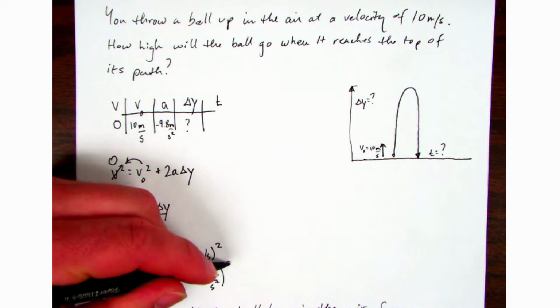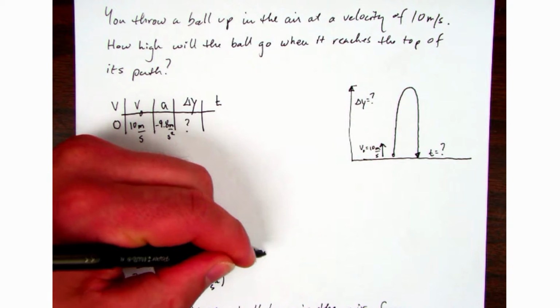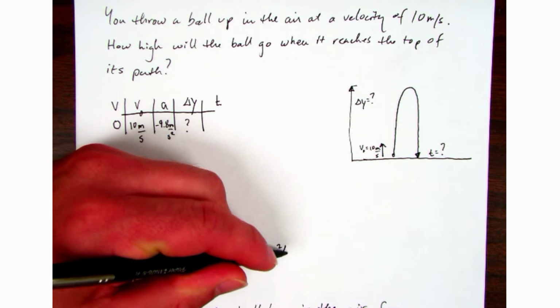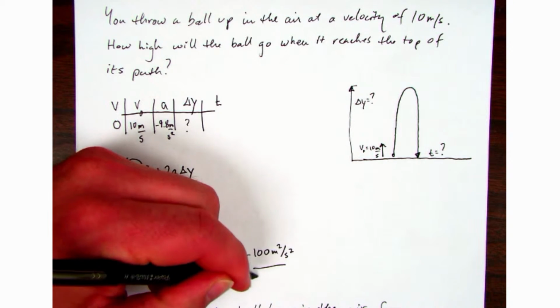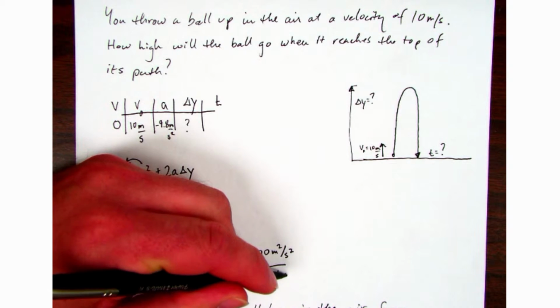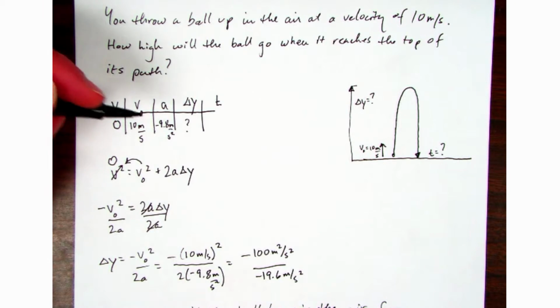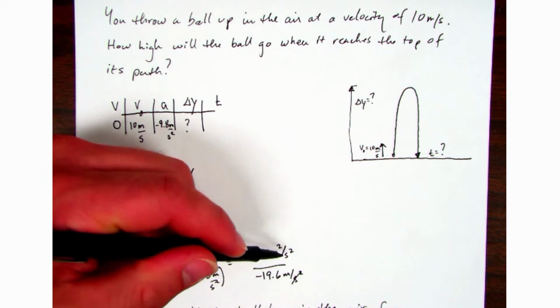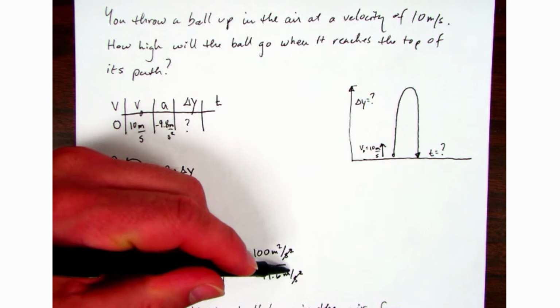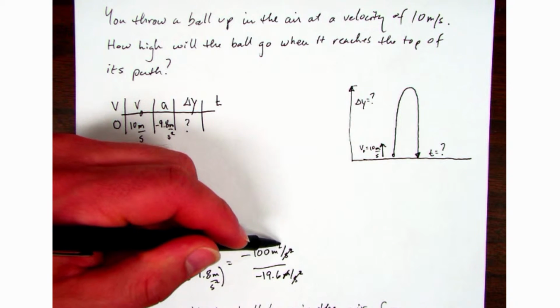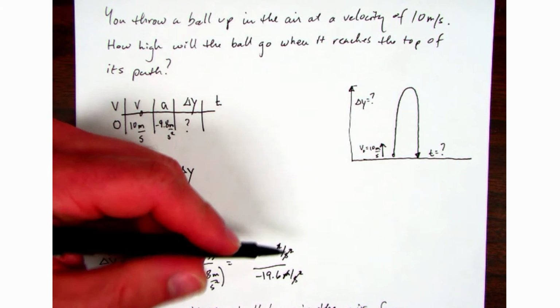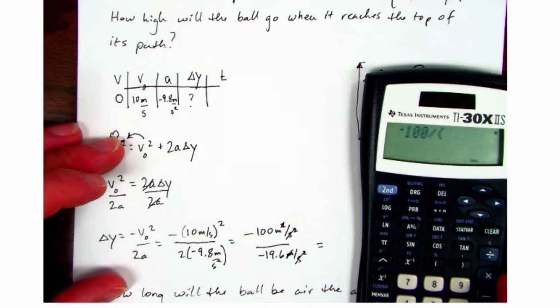So that's going to equal negative 100 meters squared per second squared over negative 19.6 meters per second squared. Well, my second squared will cancel out the second squared there. Meters will cancel out the square on the meter. And now I can just take my calculator.